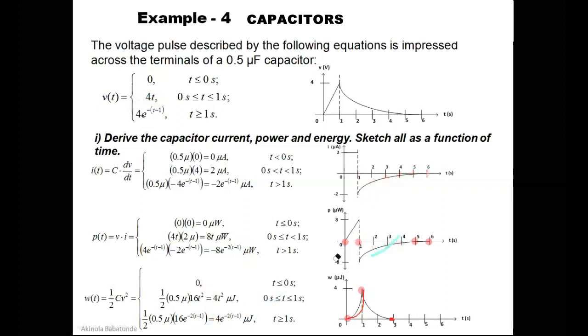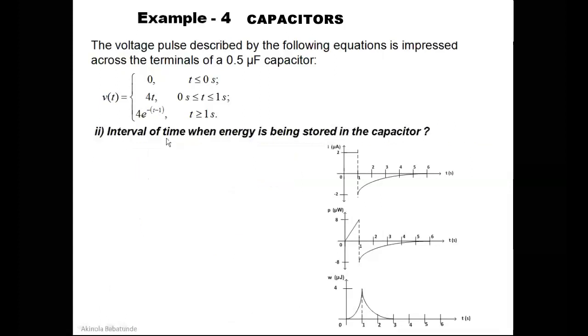All right. So I think this summarizes the basic details for solving this problem. According to the question, they asked us to derive the capacitor current and sketch it as a function of time. Derive the capacitor power, which we did here. Sketch it as a function of time. Derive the capacitor energy. Sketch it as a function of time. And then this brings us to where we are here.